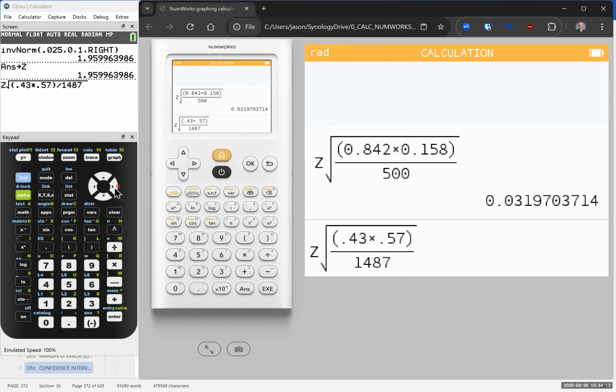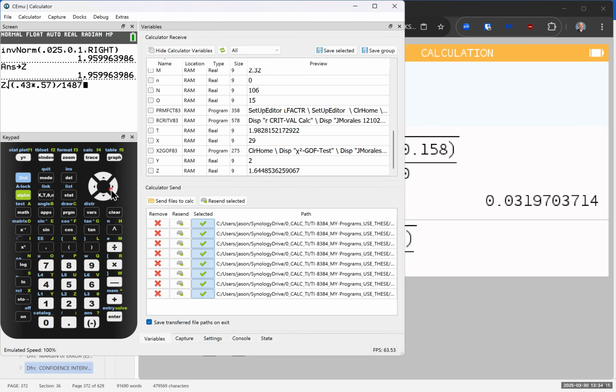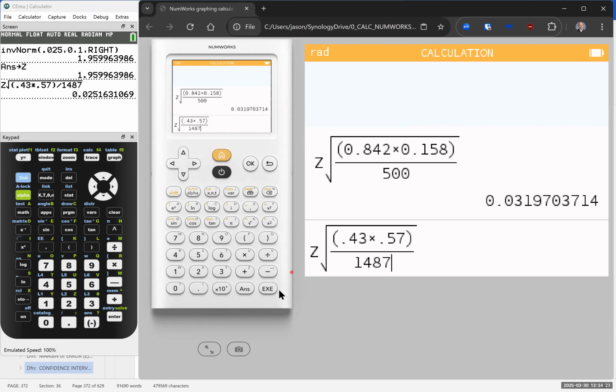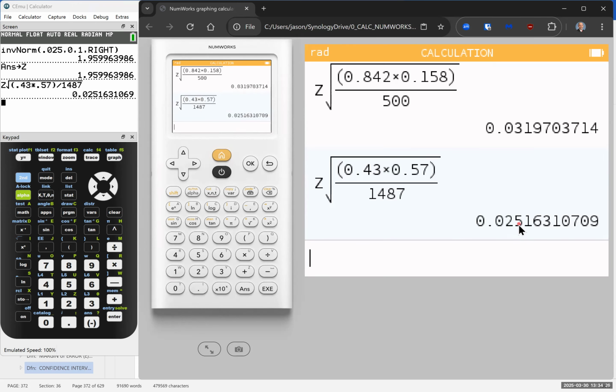Yeah. Okay, go ahead and exit out of the square root and get rid of that. Then click enter, come over here, hit execute. Yeah, we get 0.025 and some change.